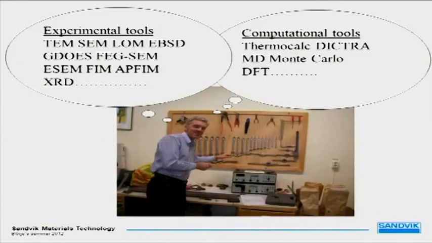Well, there is a number of experimental tools, the light optical microscope, of course, but also various kinds of electron microscopes, such as the transmission electron microscope and the scanning electron microscope. Glow discharge optical emission spectrometer is another tool. Atom probe field ion microscopy, by which you can identify adjacent individual atoms.